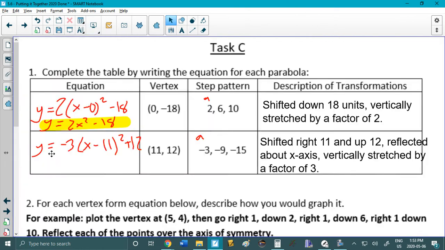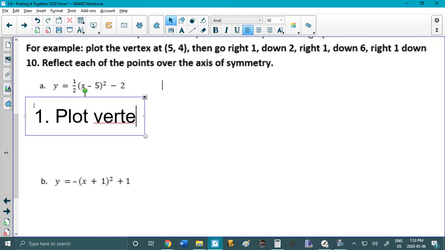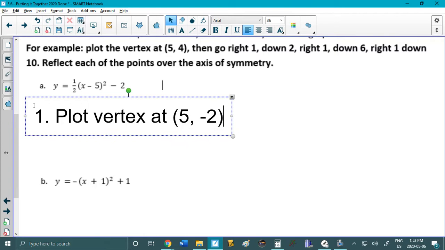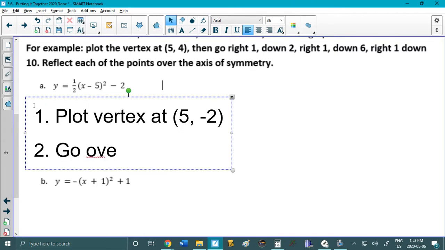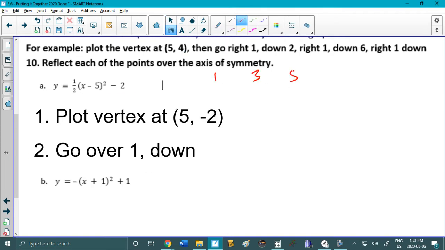Okay, I lost it in that little box. Next part is to describe how to graph this. So for this one, step 1, plot vertex at 5, negative 2. Step 2, go over 1, down. So remember, our basic step pattern is 1, 3, 5.